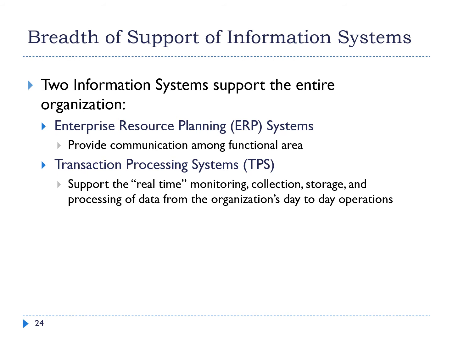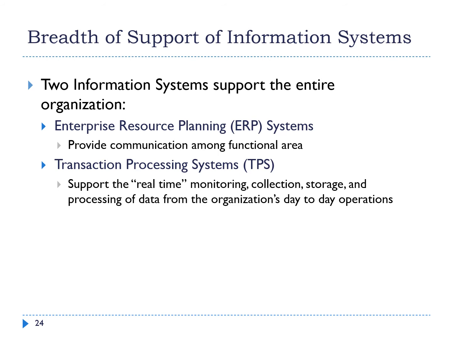Enterprise Resource Planning systems enable the systems for the functional areas to communicate with each other. Transaction Processing systems support the real-time monitoring, collection, storage, and processing of data from the organization's day-to-day operations.